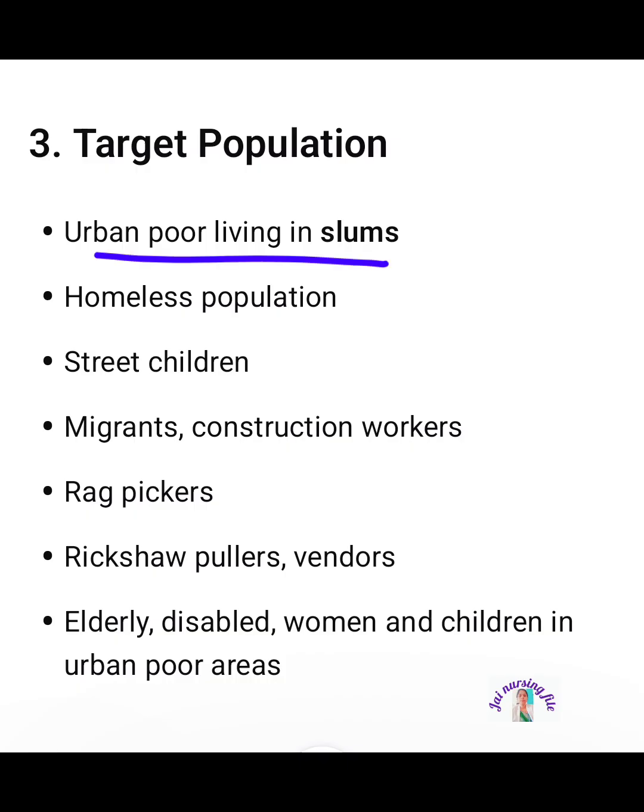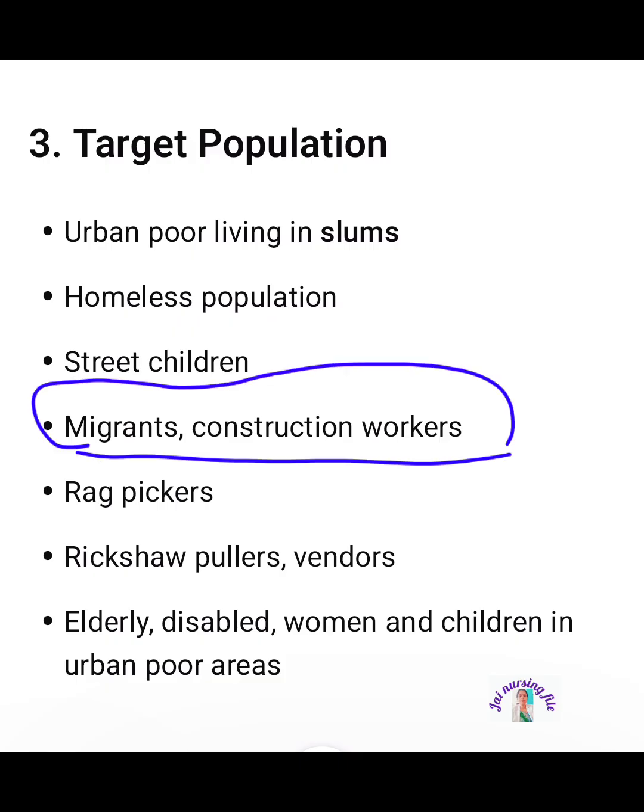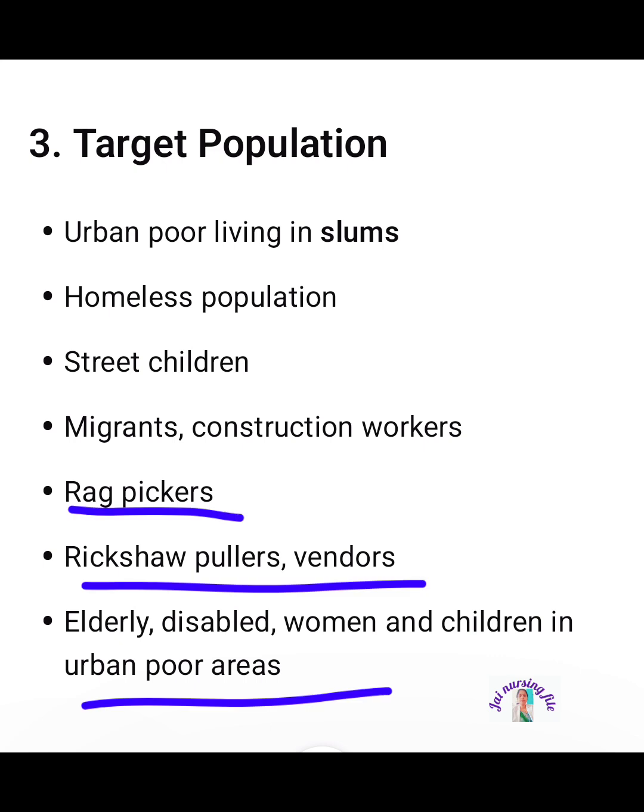Next is the target population: urban poor living in slums, homeless population, street children, migrant construction workers, rag pickers, rickshaw pullers, vendors, and then elderly, disabled, women, and children in the urban poor areas.